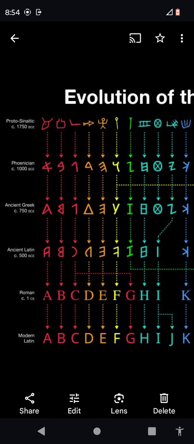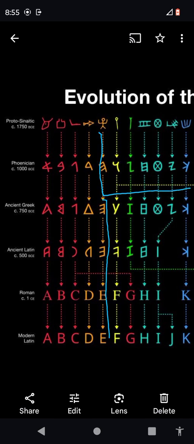Here's what we're going to do. This letter here, which kind of looks like that, is the Proto-Sinaitic W. This is the letter it represents. Now we're going to follow this little yellow line right here, and as you can see, it comes down.